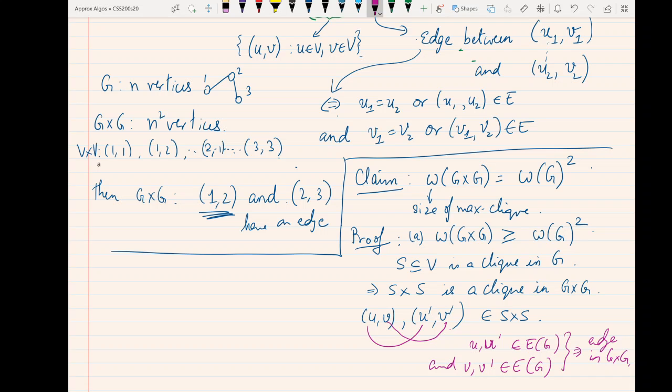And of course, the size of S cross S is the size of S squared. So there is a clique of size at least omega of G squared in G cross G.